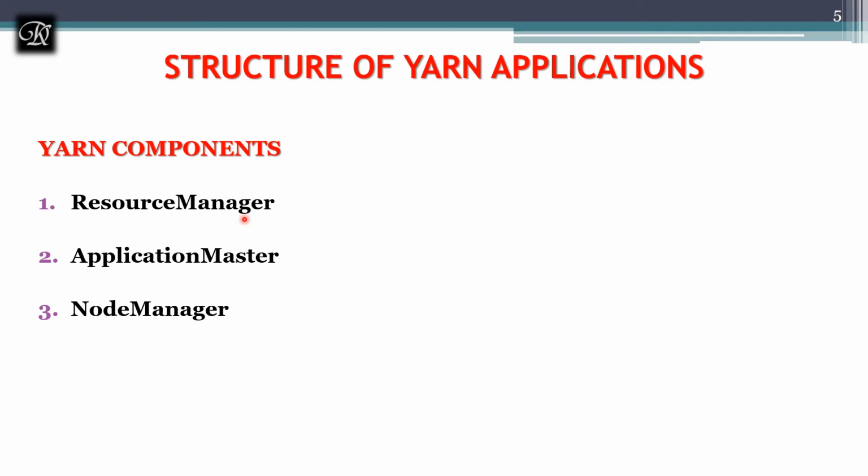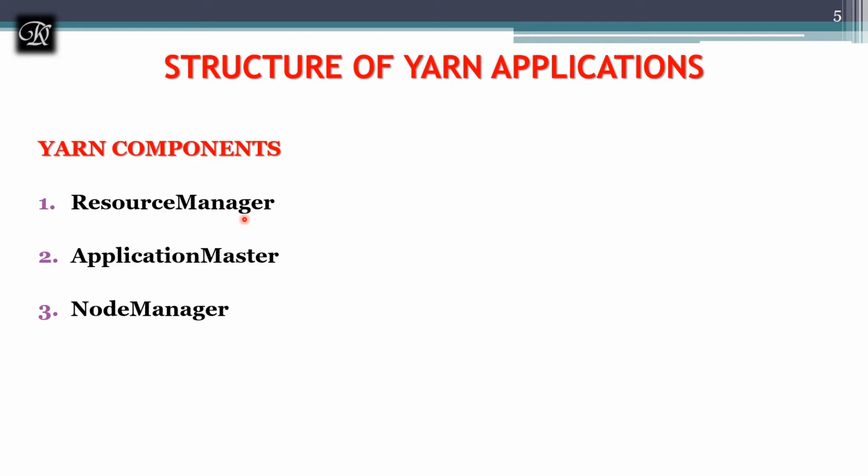The scheduler allows different policies for managing constraints such as capacity, fairness and service level agreements. You might remember CPU scheduling from your operating system subject. What is the job of scheduling? Scheduling is nothing but allocating the resources to the job or to the program. It might be memory, it might be a CPU, it might be any peripheral device.